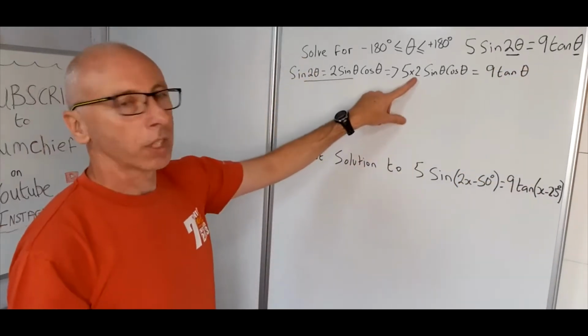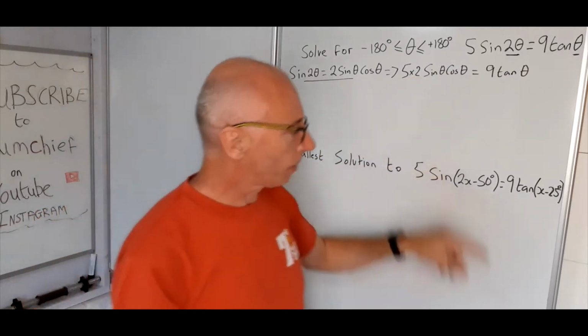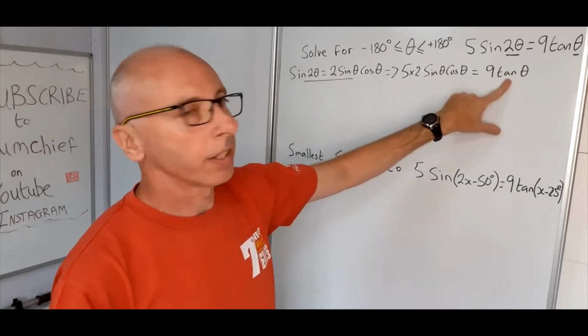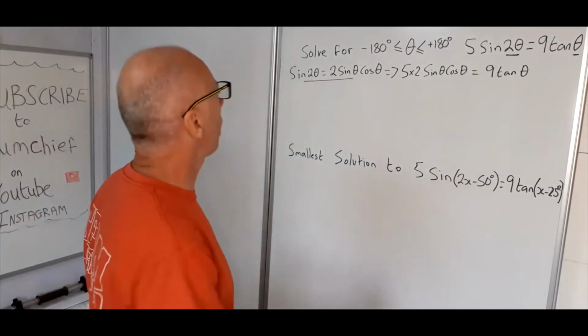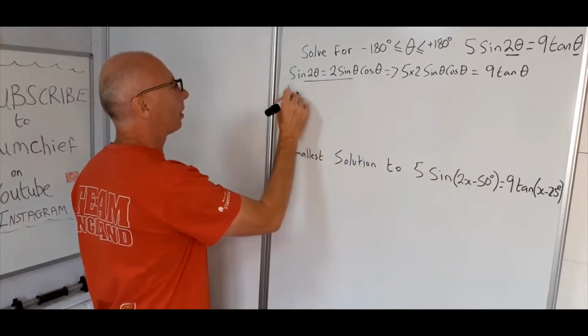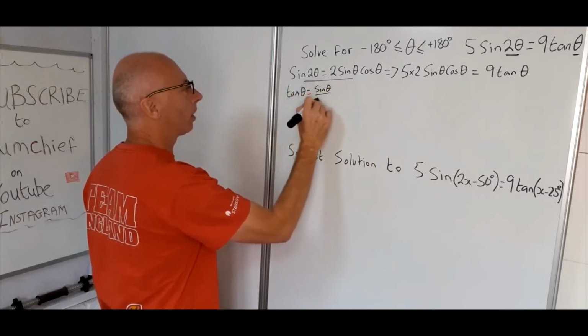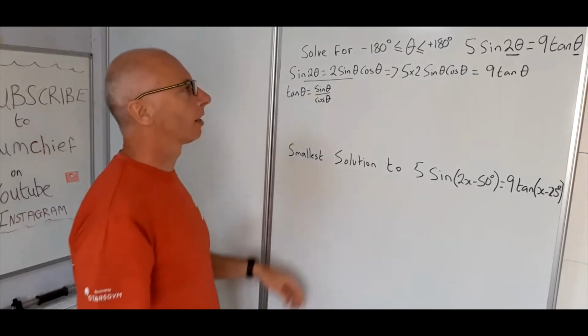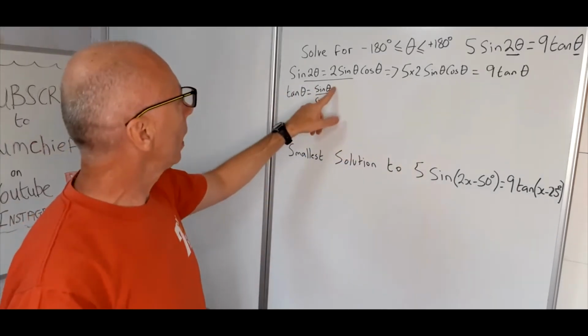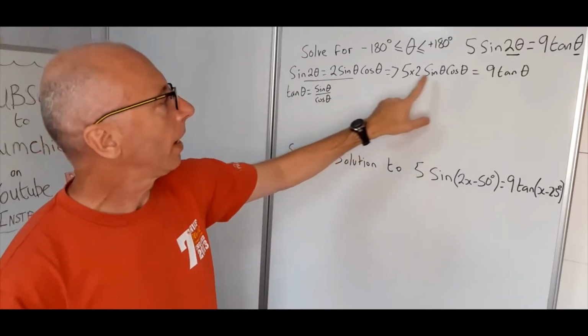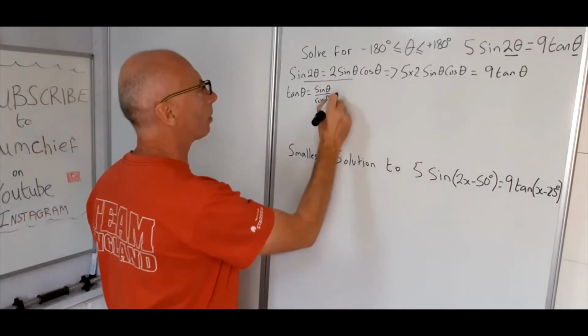We can change that 5 times 2 for a 10, that's fine. But here we still have sine, cosine and tangent. But we know that tangent theta is equal to sine theta over cosine theta. And then we've got everything in single angles and sine and cosine.